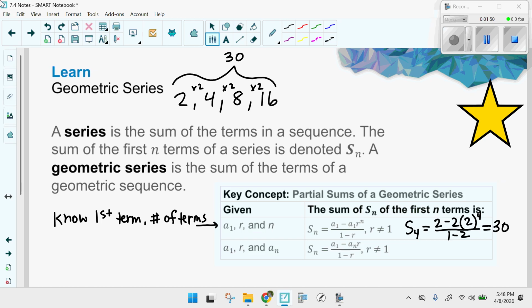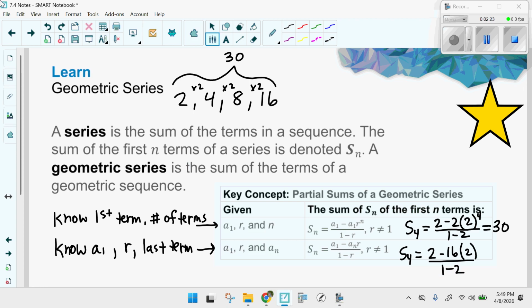And then the second way to find the sum of all of those terms is if I know the first term, and I know the r value, and I know what the last term is. To find the sum of the 4 terms, I would take my first term minus my last term, which is 16, times my r value, which is 2, and divide that by 1 minus 2.